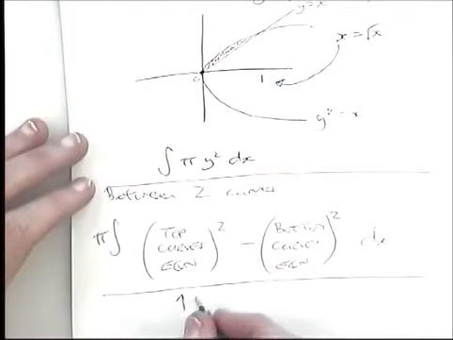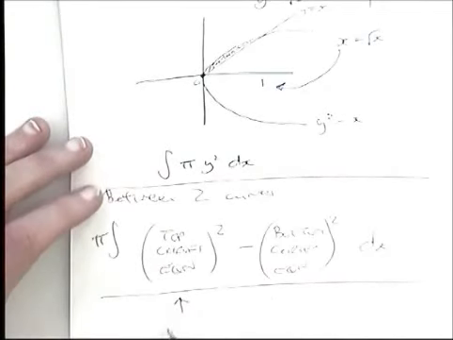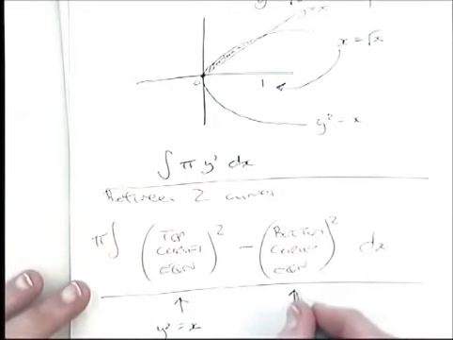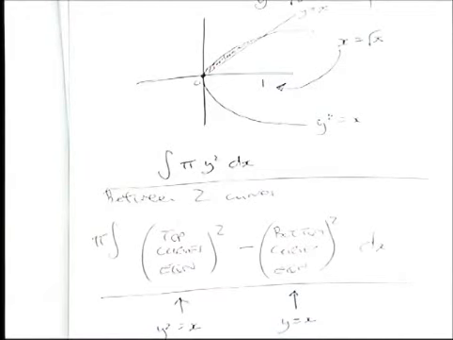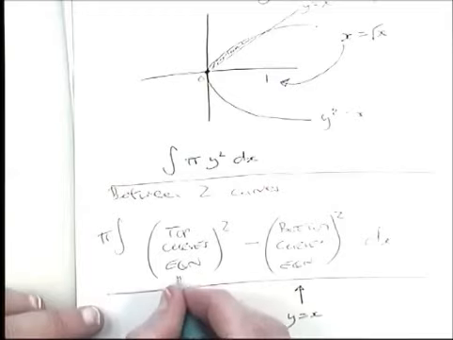So our top curve's equation was the green one. The green one was y squared equals x. The bottom one was y equals x. And what we've got here, it's still the y bit that we are doing.